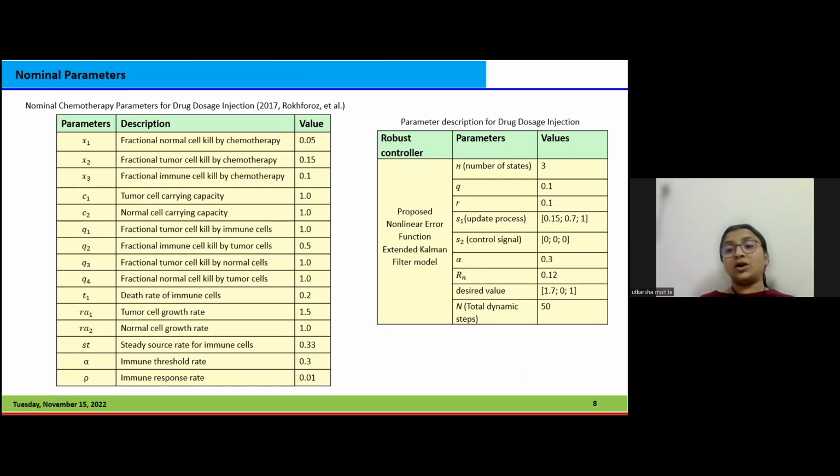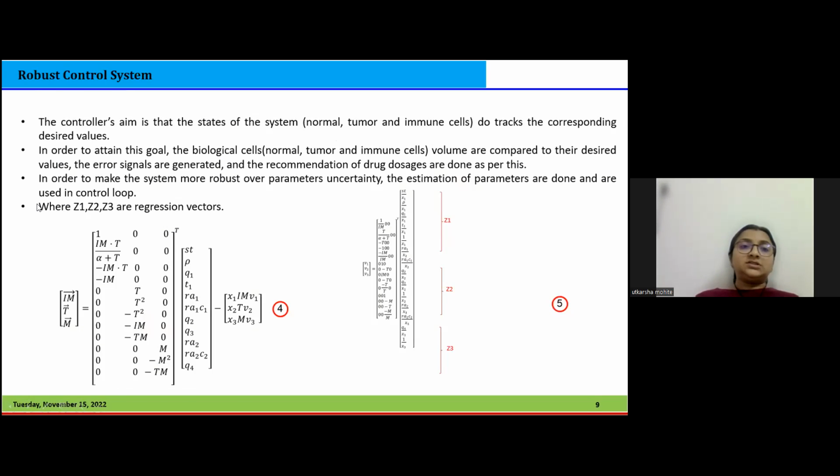Here, for the proposed non-linear function extended Kalman filter, we have also considered some parameters with respect to the nominal parameters. Now, the robust control system is related to how the controller will control the amount of drugs given to the particular patient.